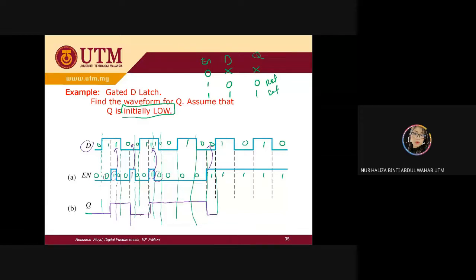And I have another one here. Will be 1. Here will be 0. Here will be 1. Here will be 0.